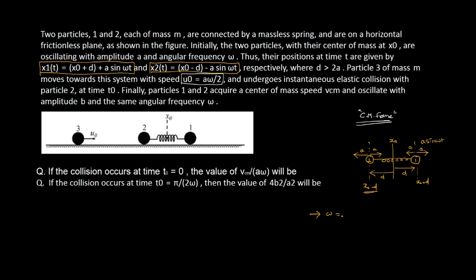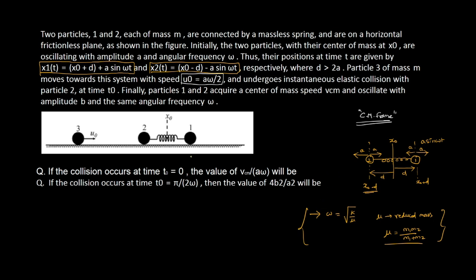So omega can be written as root of k by mu, where mu is the reduced mass. So m omega square becomes k, and the reduced mass can be written as m1 m2 by m1 plus m2. As the particle masses are not changing, the omega value does not change even after the collision. This is an extra point for this question.